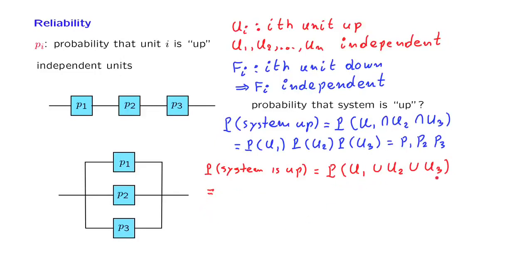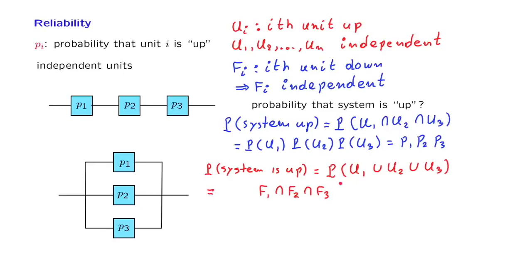We cannot use independence readily because independence refers to probabilities of intersection of events, whereas here we have a union. How do we turn a union into an intersection? This is what De Morgan's laws allow us to do, and involves taking complements. Instead of using formally De Morgan's laws, let's just argue directly. Let us look at this event, that unit 1 fails, and unit 2 fails, and unit 3 fails.